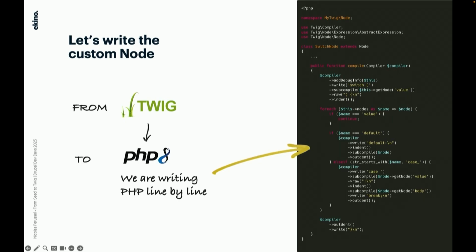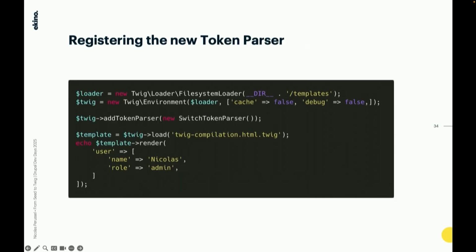Each node is mapped to a language structure, a switch, switch case, or something like that. And we are converting the different things in the node into PHP. And we are writing the switch statement, we are writing default, case, and so on.